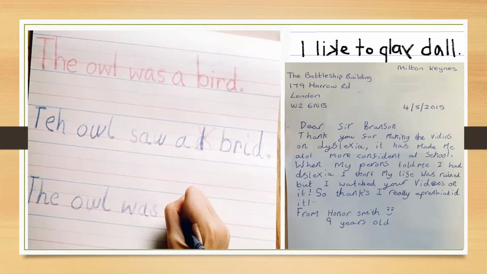Was is the word and the child writes it as saw, SAW. BIRD is the actual spelling, the child writes it as BRID. It confuses between the letters. Next example, we can take it as: I like to play doll. This is known as a mirror kind of dyslexia.